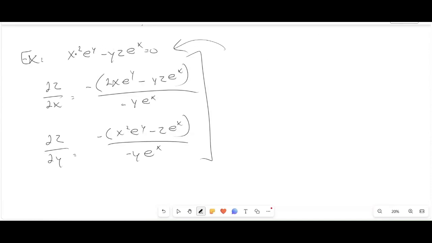So if you look up there and I just differentiate that whole expression with respect to x, what will I get? 2x e to the y minus yz e to the x. But there is one small issue here.